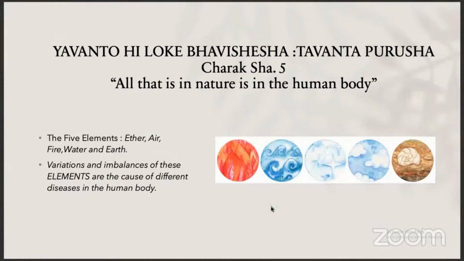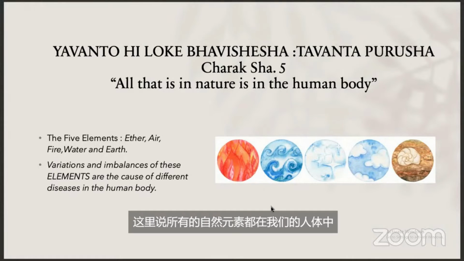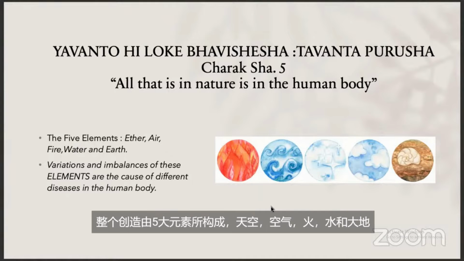The next slide has an Ayurvedic shloka, which says, Yavante hi loke bhava vishesha tavanta purusha. That means all that is in nature, in the whole creation, is in our human body. This creation is made up of five elements: ether, air, fire, water, and earth.